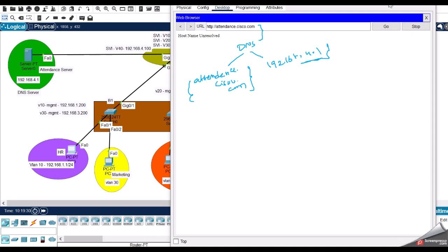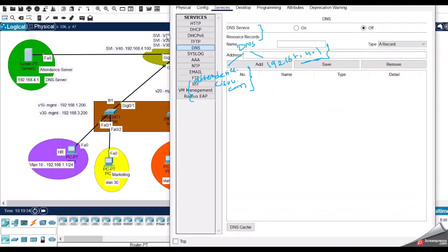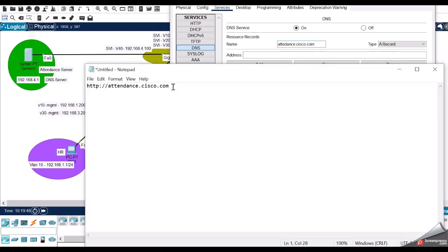To do that, go to the server, go to Services, and open DNS. Turn the service on. The name is going to be attendance.cisco.com, so just copy and paste it.